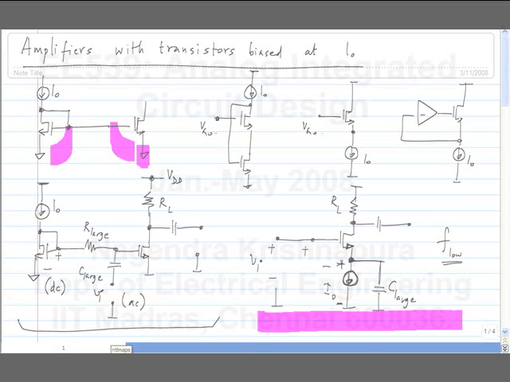So what else is remaining? The common drain amplifier or the source follower. So which of these circuits can I use for the source follower? Which one can I use for the source follower? If you look at this, in fact it looks like the source follower, right?